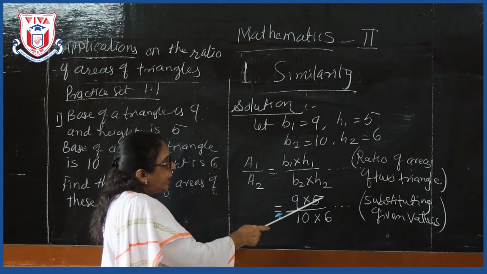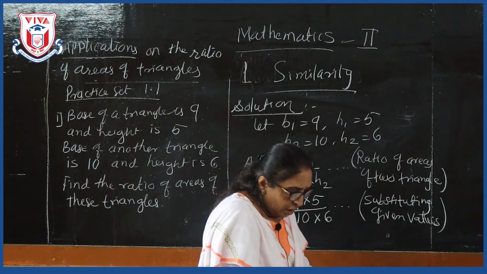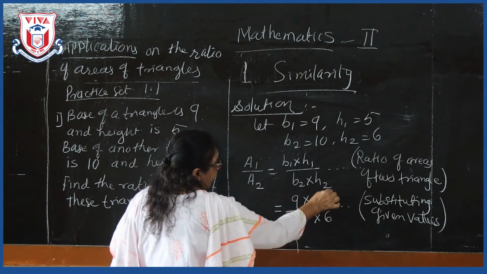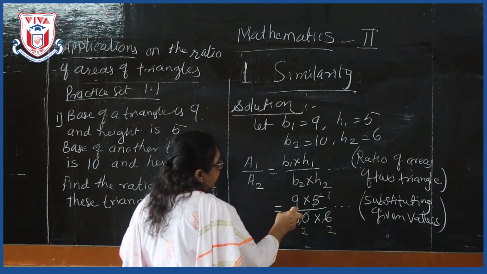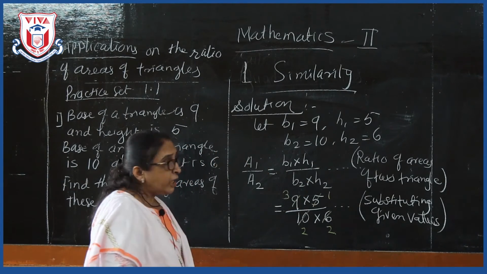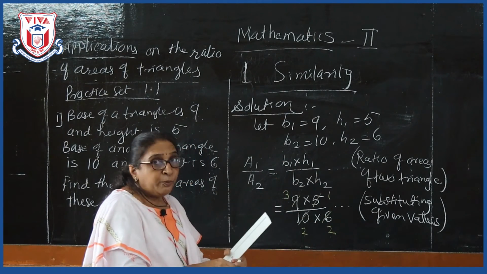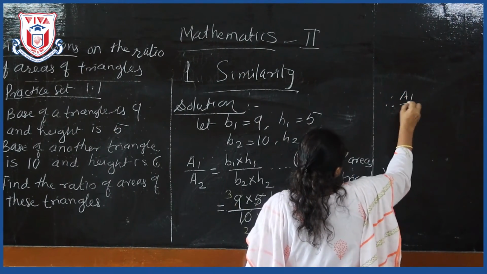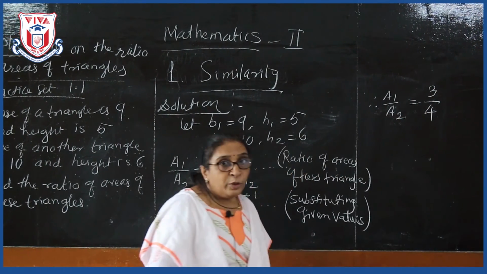Either you do the multiplication of the numerators and denominators and then do cancellation, or if you do cancellation your calculation will be easy. 5 ones are 5, 5 twos are 10, 3 twos are 6, 3 threes are 9. So on the numerator we got 3 multiplied by 1 and denominator 2 multiplied by 2. So we get the ratio A1 upon A2 is equal to 3 upon 4.